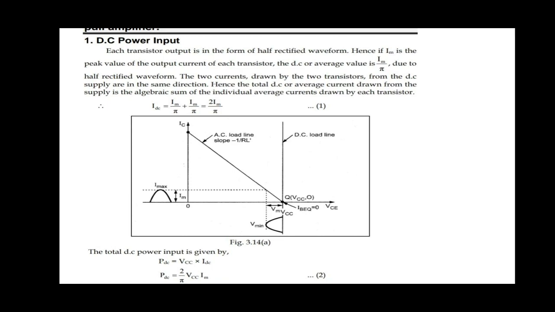So only half cycle, and the maximum Vm is equal to VCC, Im equal to Imax.